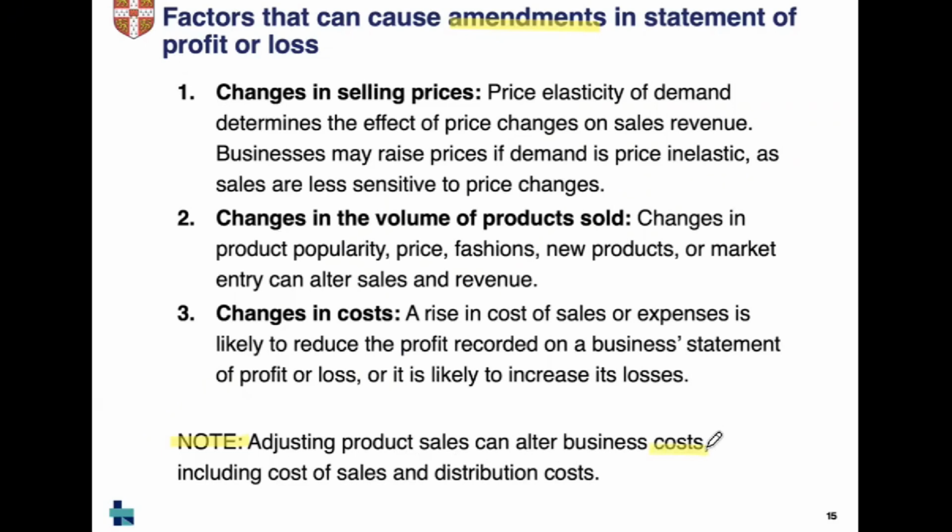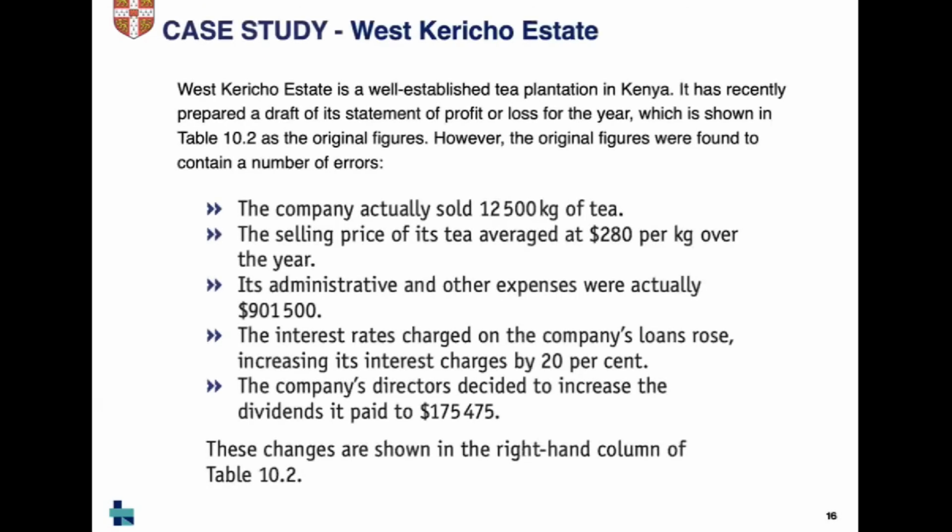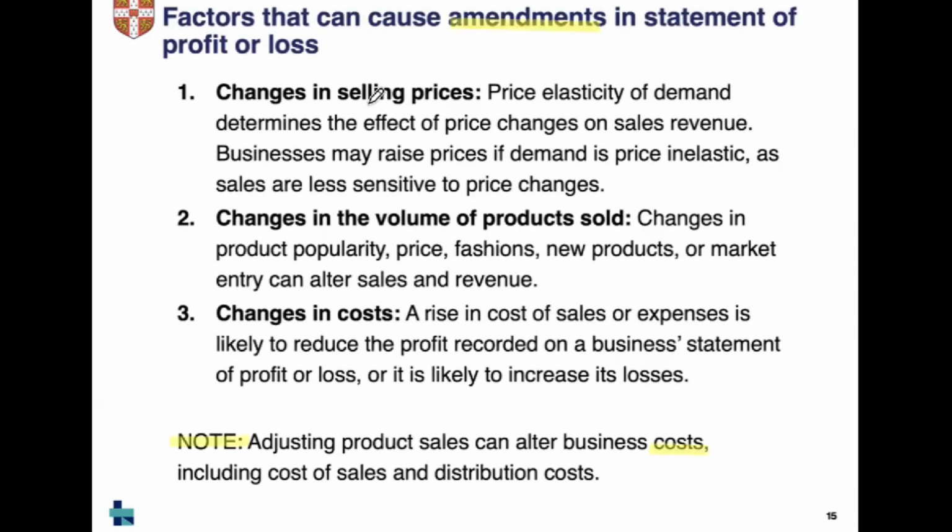We'll look at that when we look at this example, but I don't think we have enough time. The next case study is West Kericho Estate, which is a tea plantation in Kenya. We are going to look at the effect of these changes in selling price, changes in the volume of product that is sold, and the change in cost.